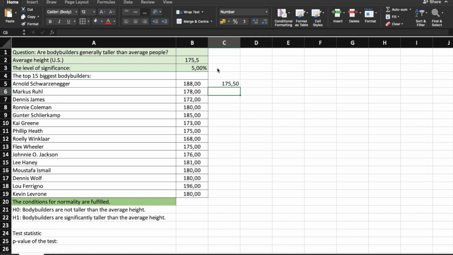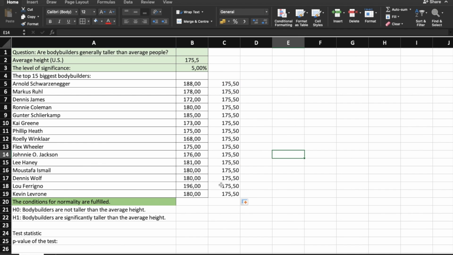So we need 15 average values, 15 expected values, which I can achieve by a Control-C, Control-V combination. I've got as many expected values as I have in the data count, so I have as many expected values as I need. And now I need to give the test statistic and the p-value for the test.